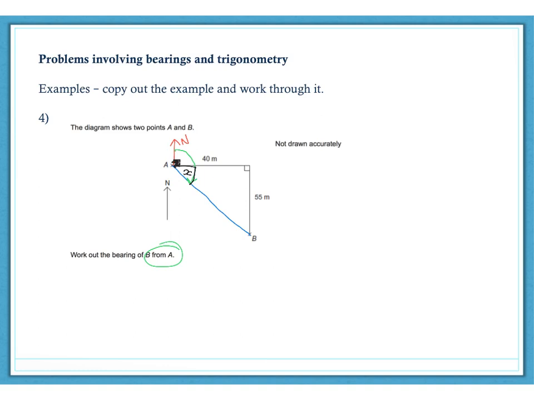So looking at x, we can label the hypotenuse, we can label the opposite, and we can label the adjacent. We know the adjacent, we know the opposite. We're trying to find angle x, so this is another question in which we need to use the TOA triangle or tan. So tan of x is equal to the opposite divided by the adjacent.